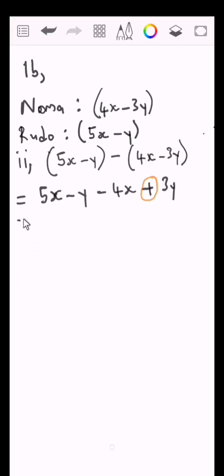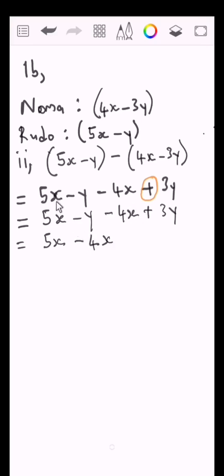Going on tiri kuti 5x, maybe ringandinyore zvakare, 5x minus y minus 4x plus 3y, collecting like terms in x tinei 5x, then tinei 4x nefanga kubereka minus yayo, so it's 5x minus 4x.